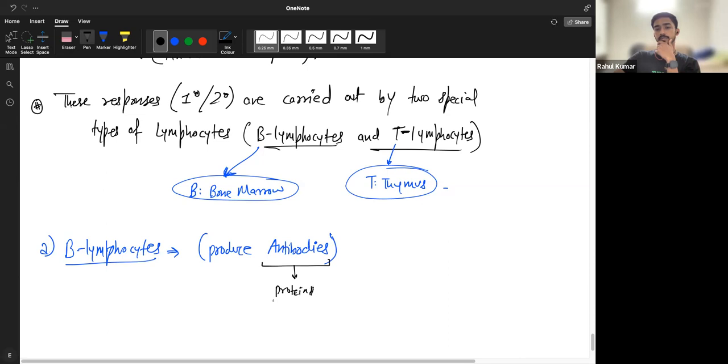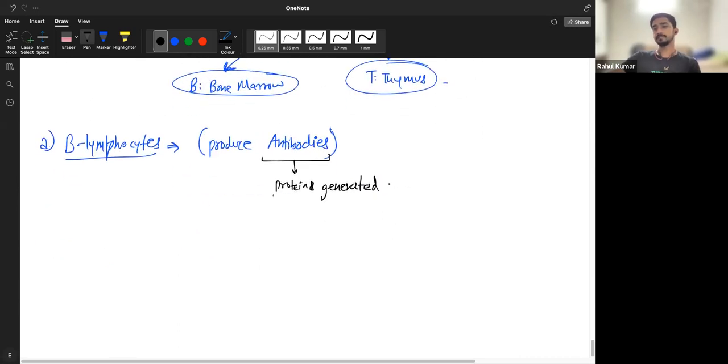Army of proteins which are generated by the B lymphocytes in response to any pathogen in the blood.